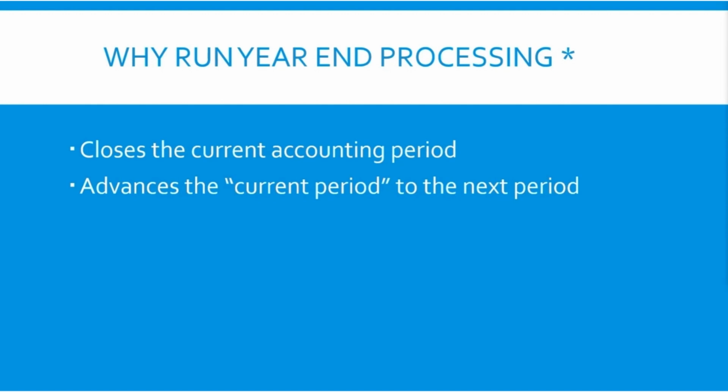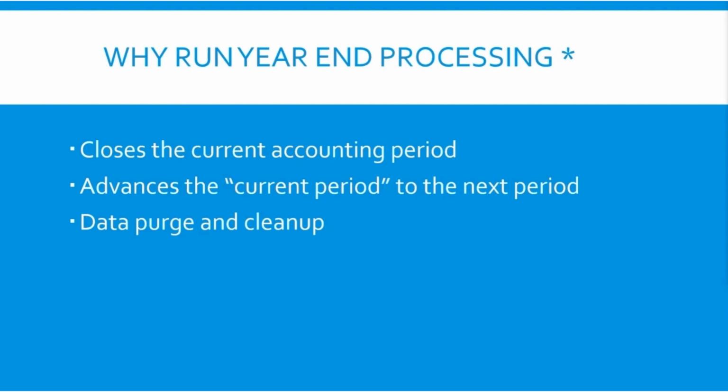The second reason is it will advance the current period in the module to the next period. As part of the year-end process, it automatically advances the current period to the next period in the year. And then the last thing is it does some data purge and cleanup.